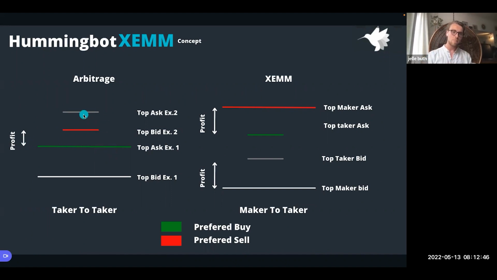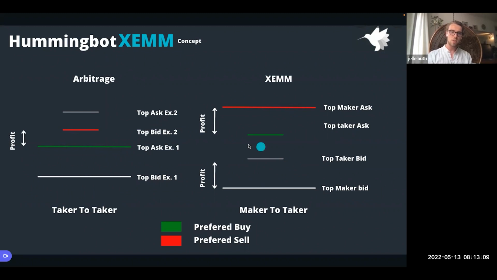In this case you have one exchange here. You can buy the asset for the top taker ask on that exchange, and you have your second exchange. And once these prices diverge from each other in a way that you can buy an asset lower and sell an asset higher, there will be a profit. But this profit only happens when two taker prices diverge from each other.